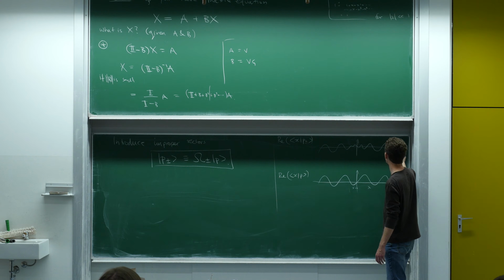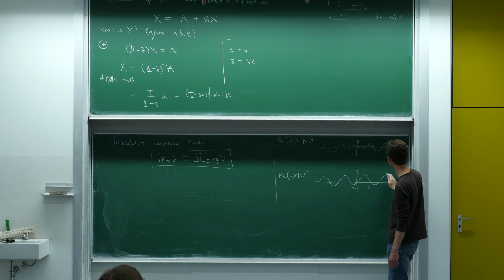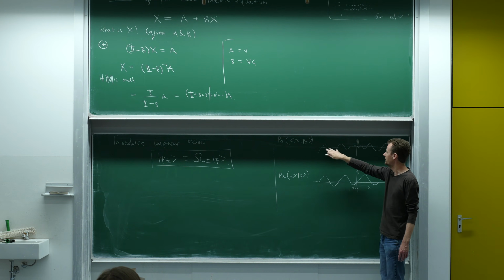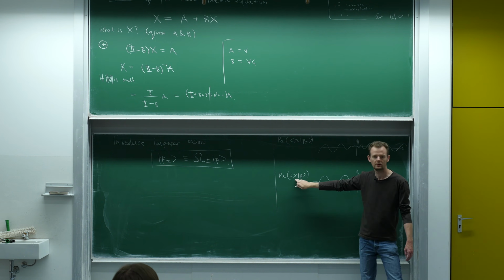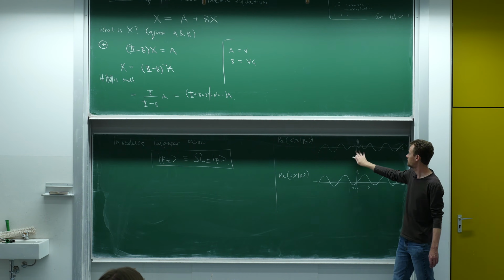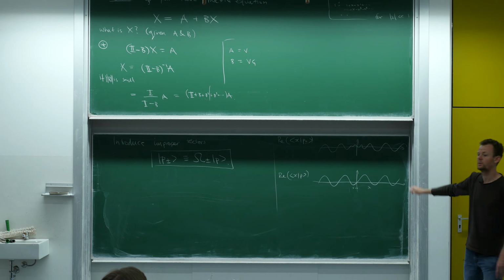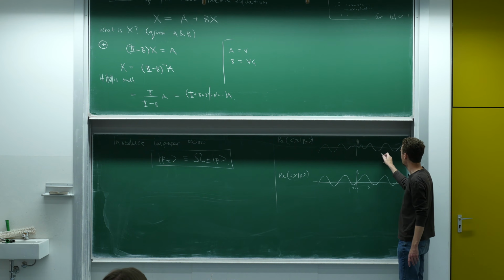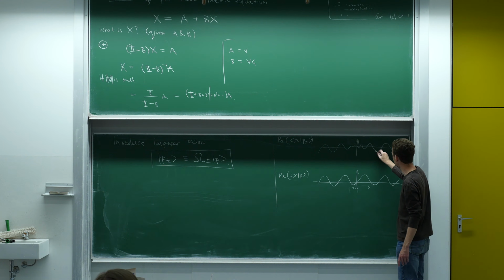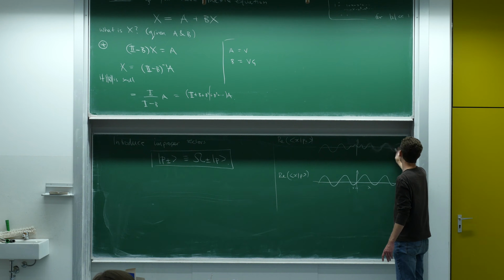Close to the center of the scattering potential, something weird happens. And then far away, it's again like one of these. There's also a phase shift usually, but I didn't quite get that to work in this picture. Try again, okay?